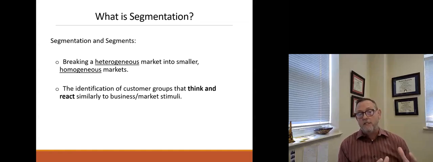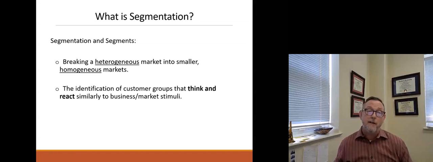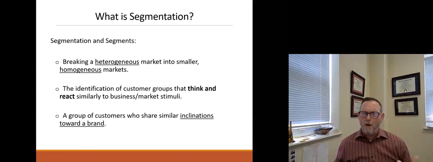Something that we do from a business or marketing perspective causes a reaction in the marketplace, and what we want to do is find consumers who think and react similarly to each other based on those stimuli or those changes that we make. That's one of the big concepts that we need to push towards if we want to have successful segmentation.